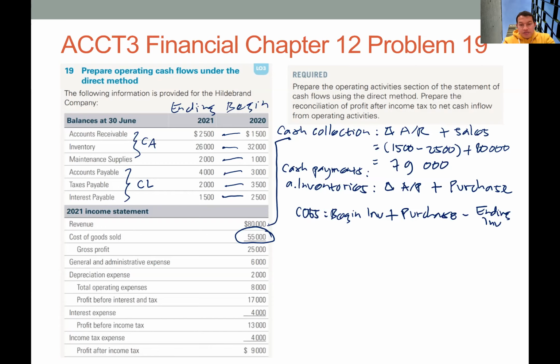So we can plug in the numbers. Cost of goods sold is 55,000. Beginning inventory is 32,000. Purchase, we don't know; we want to calculate this one. Ending inventory is 26,000.